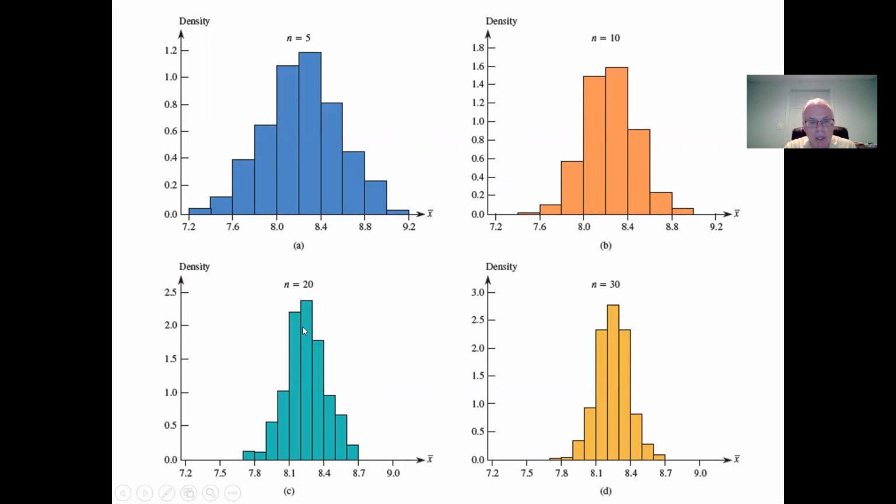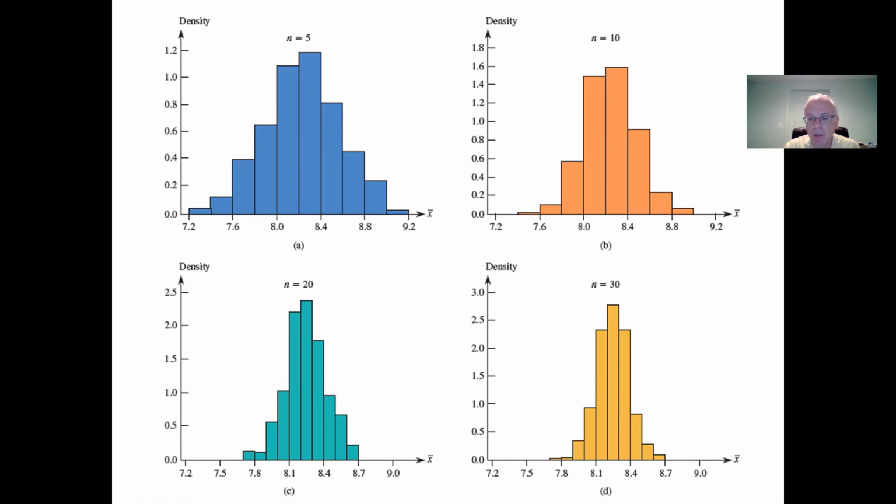Notice that the mean is approximately the same. The standard deviation gets smaller and smaller. So as the sample size increases, the standard deviation of the sampling distribution decreases, okay? That's an important concept. It doesn't matter what the sample size is for the mean of the sampling distribution. The mean will remain the same.